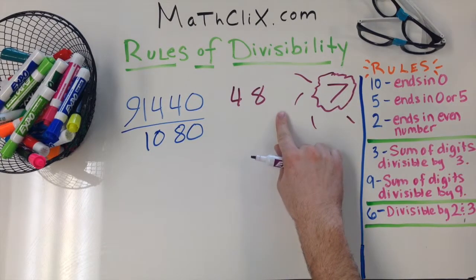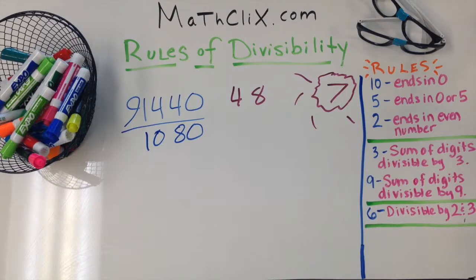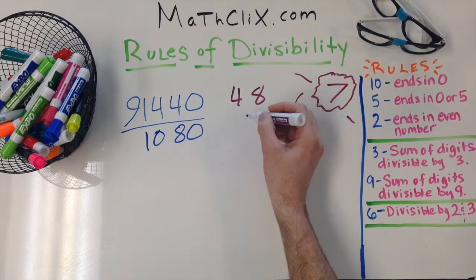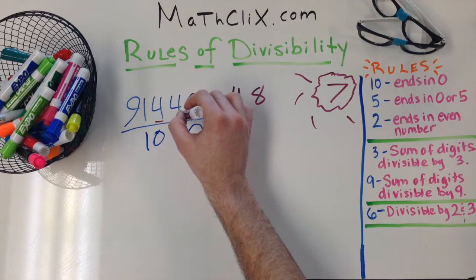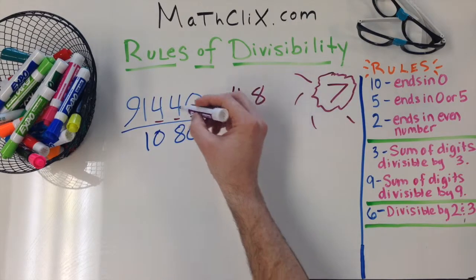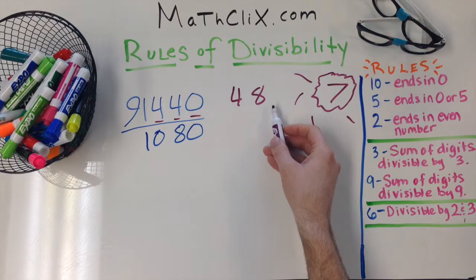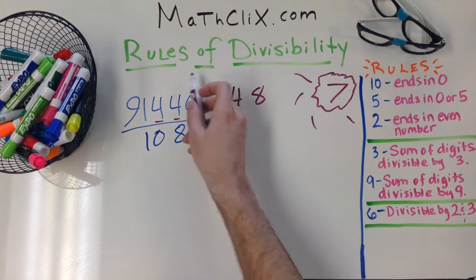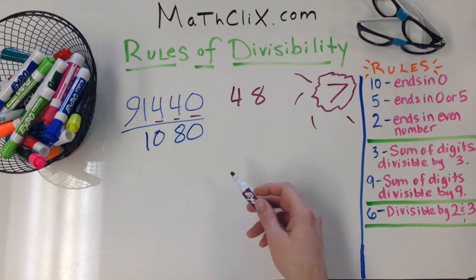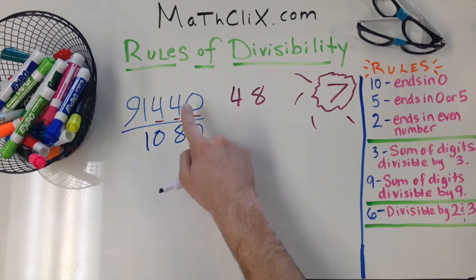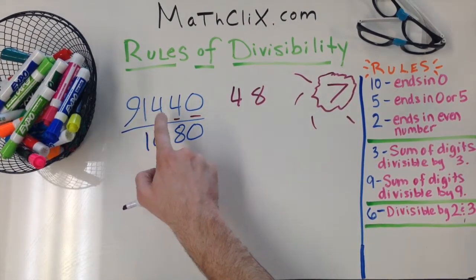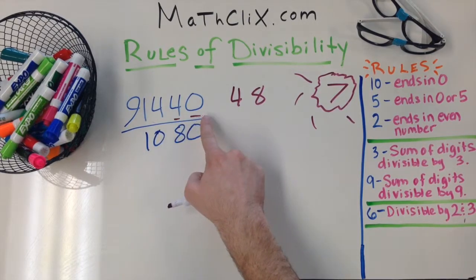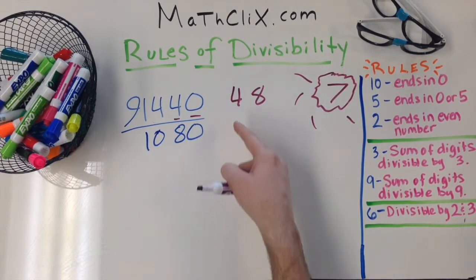But for 4 and 8, it's already been figured out. For 8, if we look at the last 3 digits in our number, and they themselves are a number divisible by 8, then the entire number is divisible by 8 evenly. For 4, the similar rule is the last 2 digits of the number have to be divisible by 4.